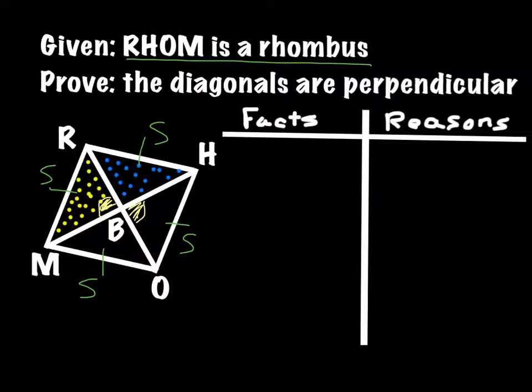Just because those two angles are the same does not mean that they're both right angles. So what I want to do is not use those angles, but instead use these angles here.